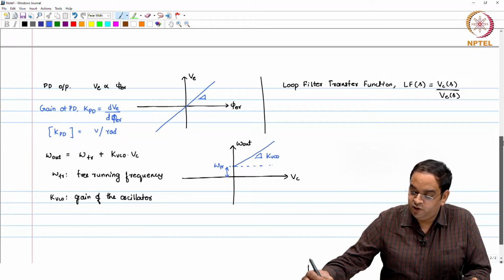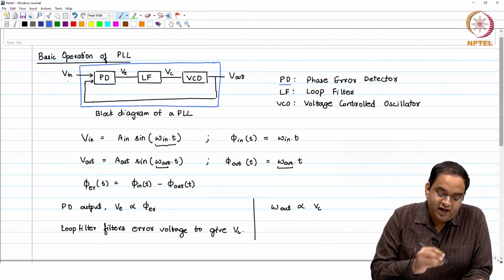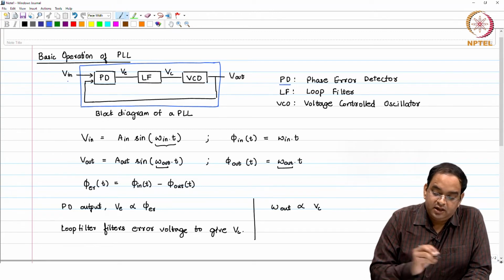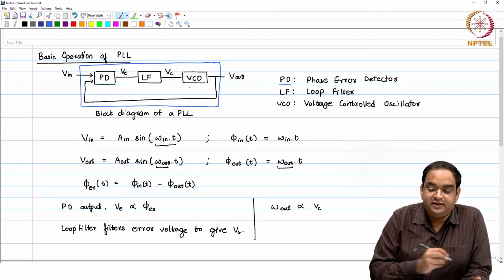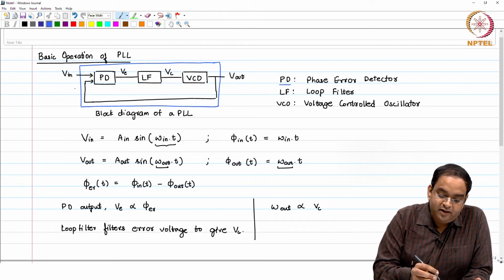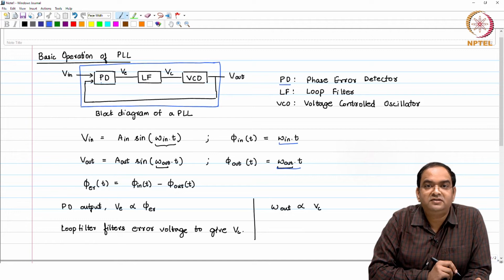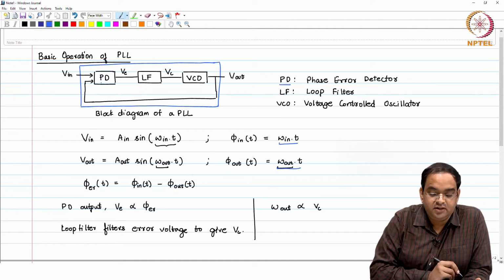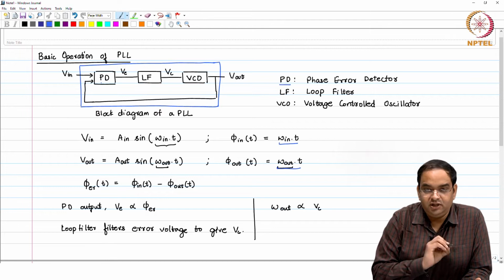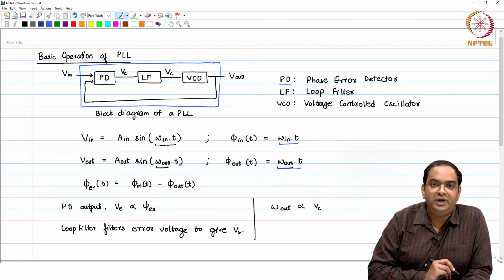After knowing this, if you come back to this block, you have the input as a sinusoidal, and the oscillator generates a sinusoidal output. If there is any error between the input phase and the output phase, the phase error detector generates an error voltage at its output, proportional to the phase error. The error voltage gets filtered using the loop filter, generating another voltage.